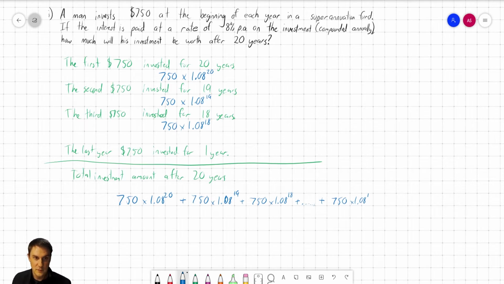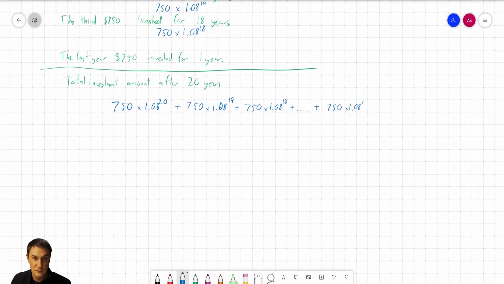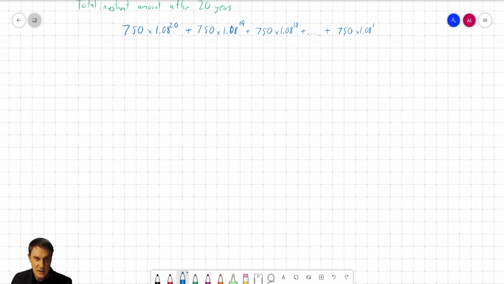From here, we want to start to factorize this to help us understand it. Let's rearrange this. We can see we've got, in each case, 750, so one of the first things I'm going to do is factorize that 750 out to make things a bit easier. In addition, I want to swap the order around of the 1.08.